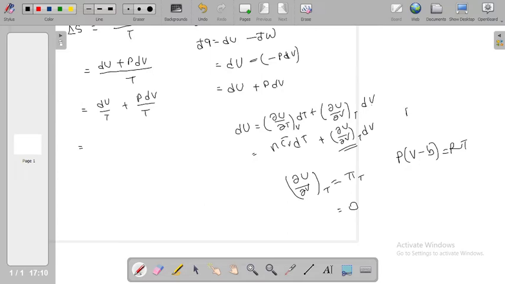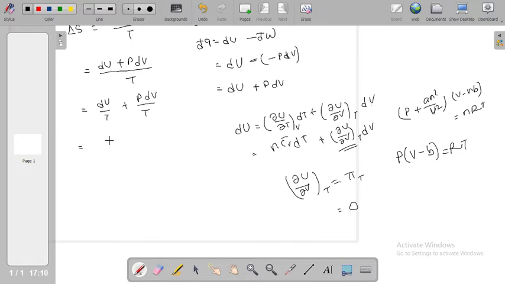If the equation of state were P plus an squared by V squared, times V minus nB, equals nRT, then the pressure correction term would be an squared by V squared, and that would be the internal pressure. Here there is no pressure correction term, so the internal pressure is 0.